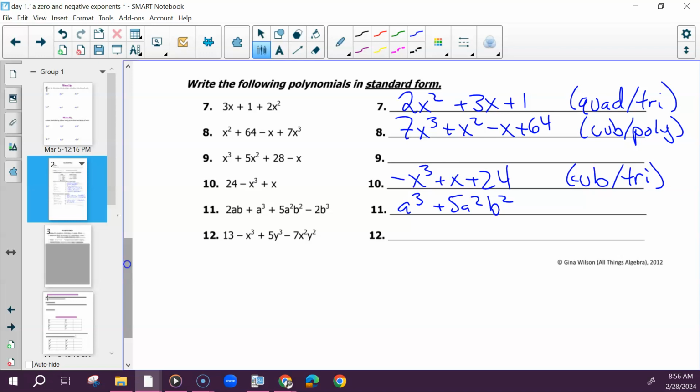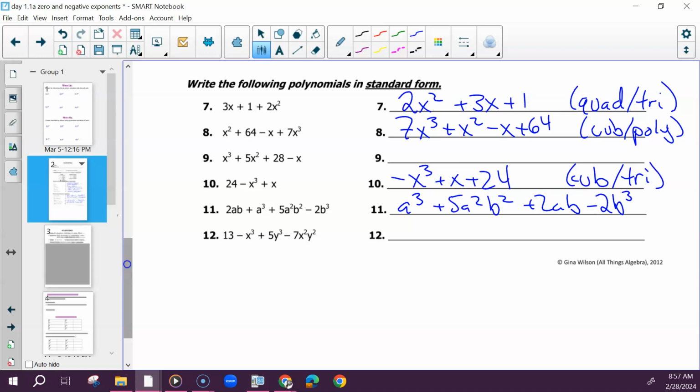Then something else that still has an A is your 2ab. Then once you run out of your A's, then you can go on to your B. So ABC order trumps everything else, then highest exponent.